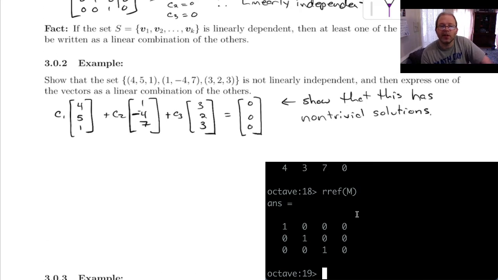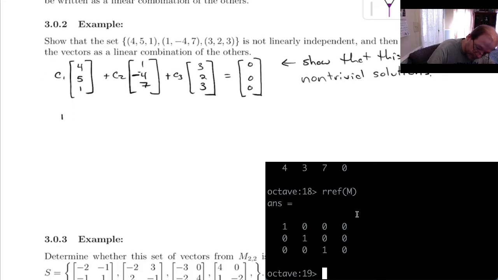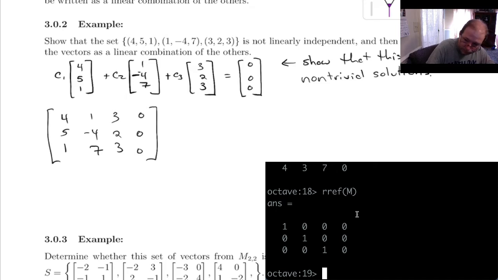I said more than one a second ago, and then I wrote down non-trivial solutions, but that's the same thing. We know that this has the solution where all three of those coefficients are 0. But what we need to do is show that it has non-trivial solutions as well. So I'm just going to put this into Octave as an augmented matrix, and then we'll row reduce it.